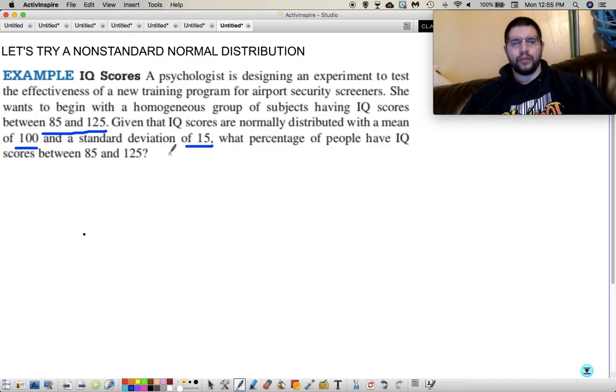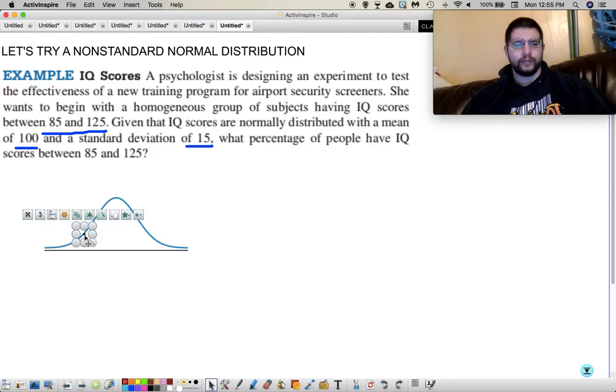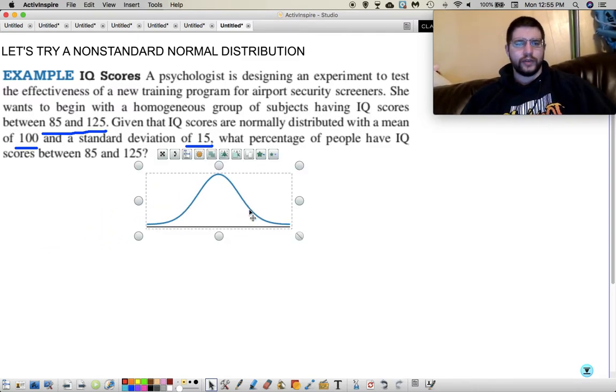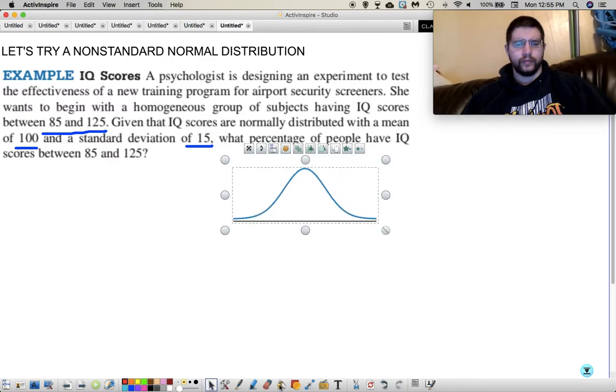So this is a between problem, and it's going to be 85 and 125 for our z-scores. So again, first thing we want to do is sketch that curve. Let's see what's going on here. So I'm going to move it over here. The mean is not 0.